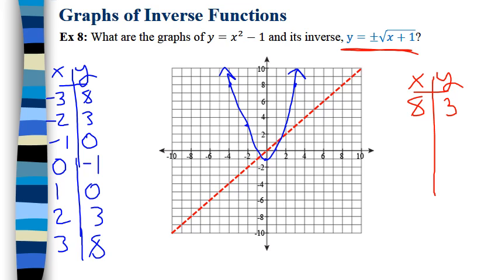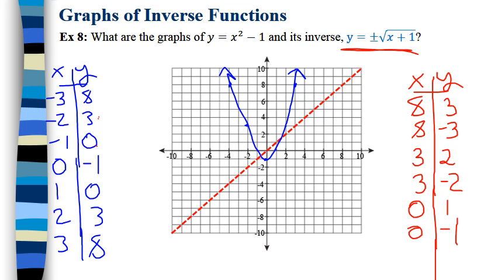But we're saying positive or negative, so if I put in 8, I should get 3 and -3. If I put in 3, 3 plus 1 is 4. Square root of 4 is 2, so I should get positive 2 and -2. If I put in 0, I should get out positive 1 and -1.